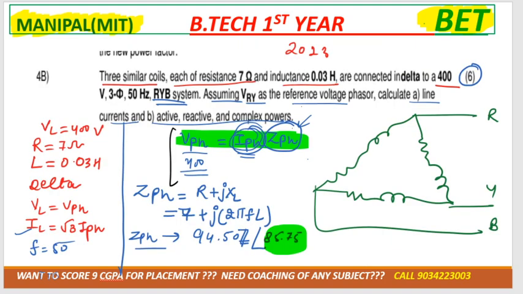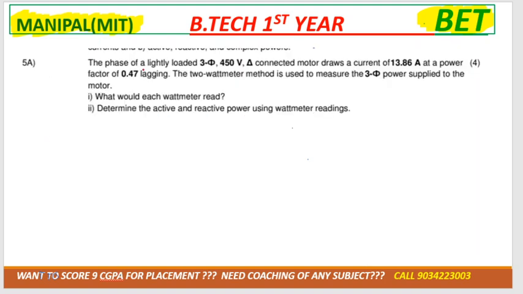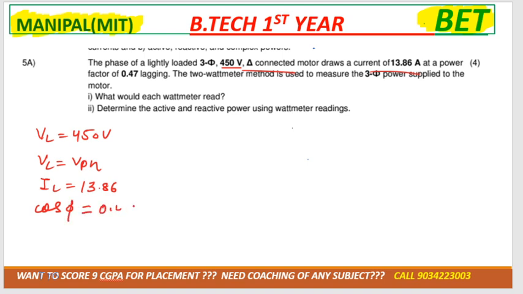Got it? See, in this question they said the phase voltage is 450 volt, delta connected, delta means VL is equal to VPH, draws a current IL equal to 13.86 and power factor cos phi is 0.47.